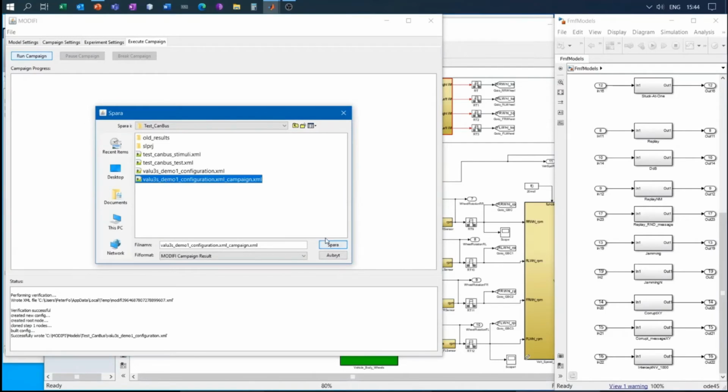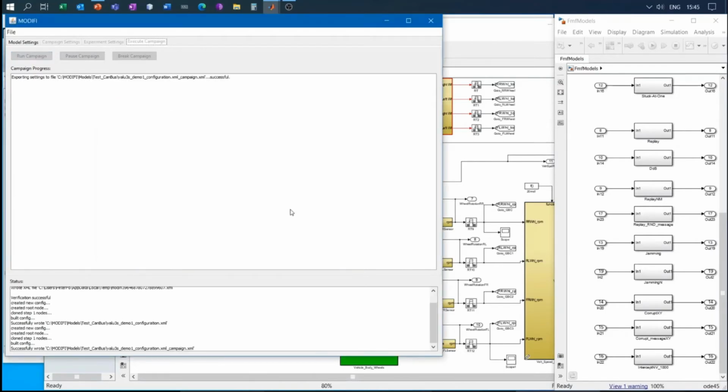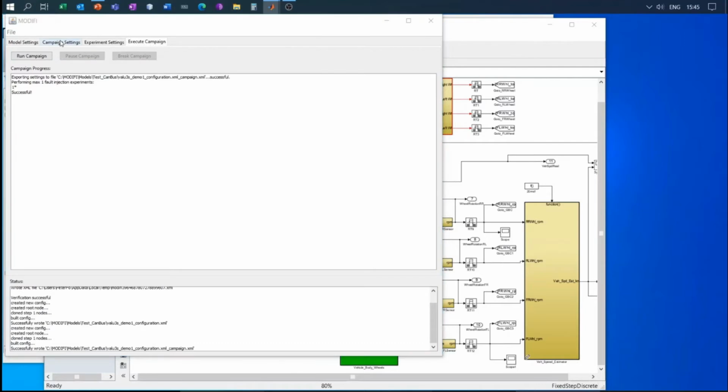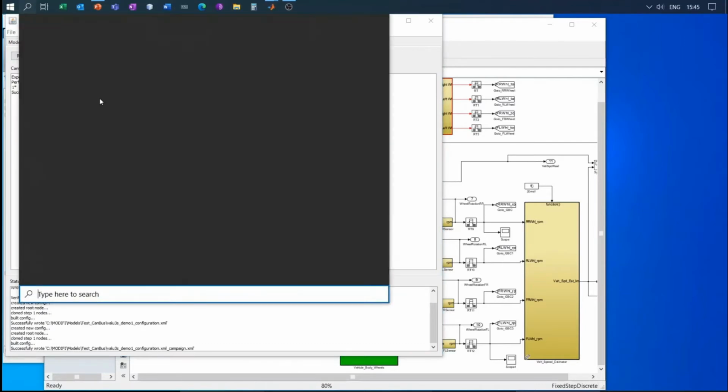The results are stored in the find database, but also in an XML file for backwards compatibility with older versions of the tool. Now we performed one experiment and it was successfully performed. So let's open the find analyzer, which will allow us to connect to the database and look at the results.